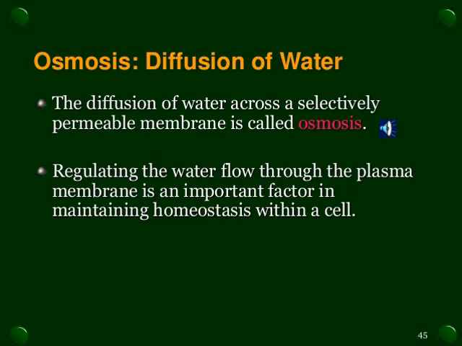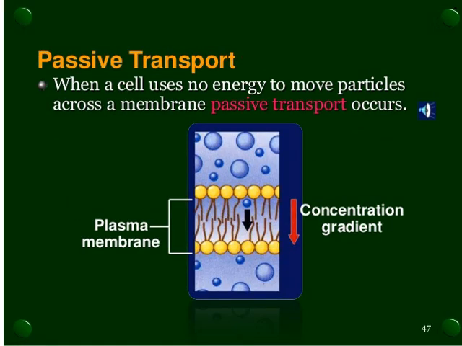Osmosis means the diffusion of water across the selectively permeable membrane. Regulating the water flow through the plasma membrane is an important factor in maintaining homeostasis within the cells. What is passive transport? When the cell uses no energy to move particles across the membrane, it is called passive transport.